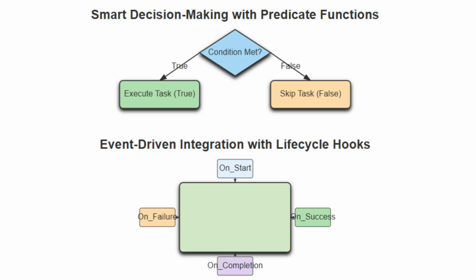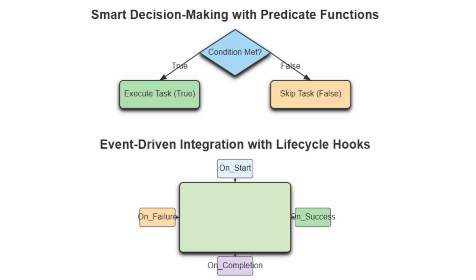You can define onStart to initialize resources or send notifications, onSuccess to trigger downstream systems or update metrics, onFailure to alert operations or initiate rollbacks, and onCompletion for final cleanup and archiving. Think of Slack's file uploads. A success callback triggers virus scanning and preview generation, while a failure callback alerts security. These hooks make your system highly reactive and integrated.